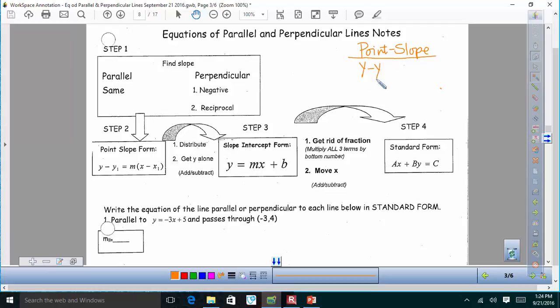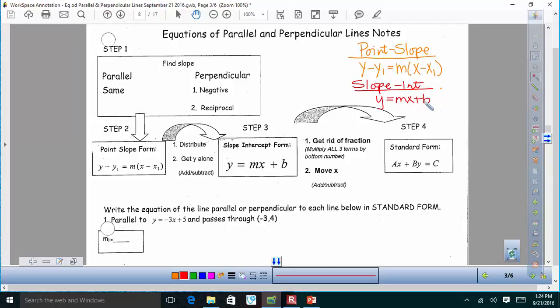Y minus y1 equals m times x minus x1. Very good. And then we also talked about slope-intercept, which is y equals mx plus b.